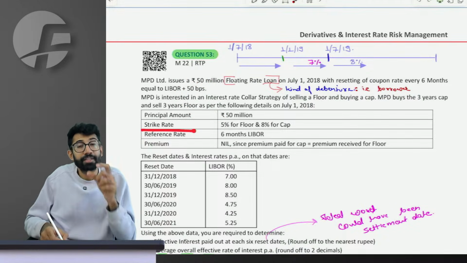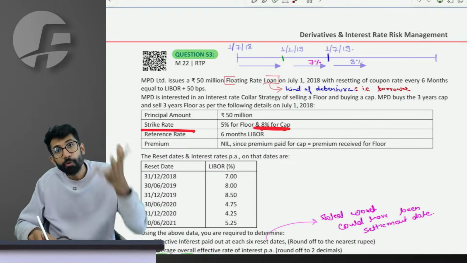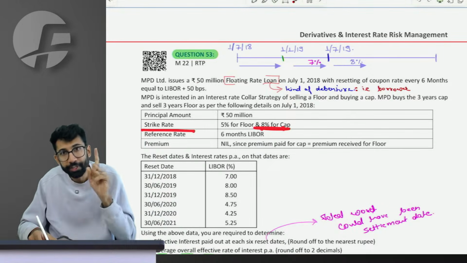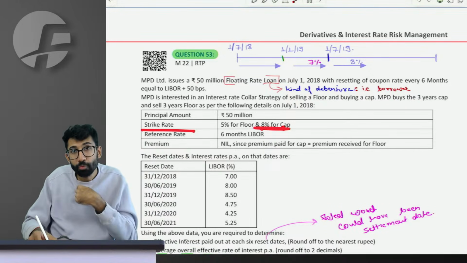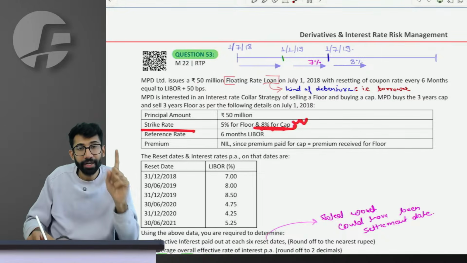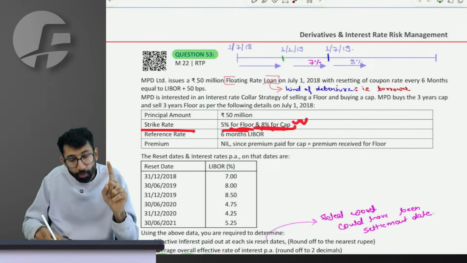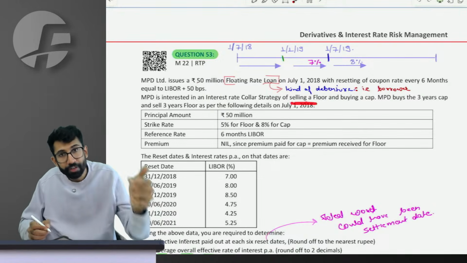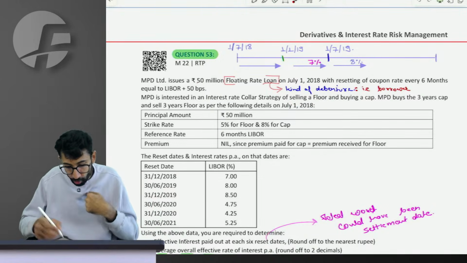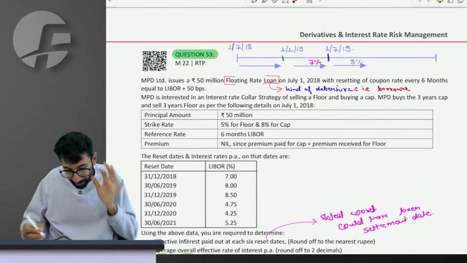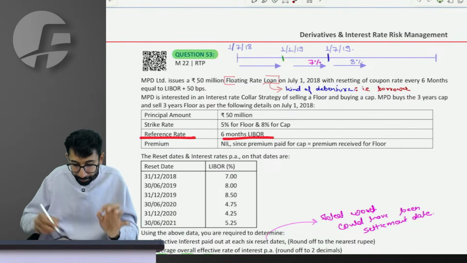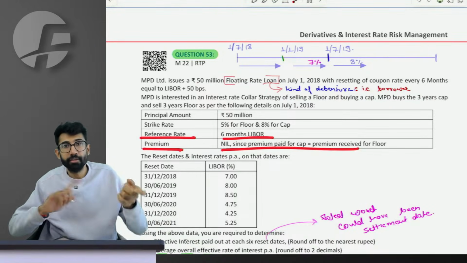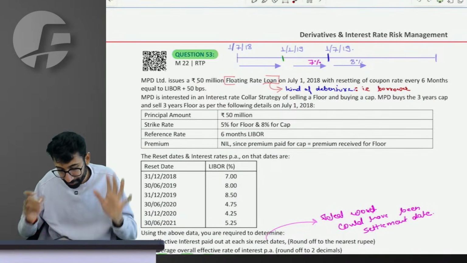Strike rate, the exercise rate: the cap is an option to borrow, which I have because the position is long, at the rate of 8%. The floor is an option to lend, which I have given because the position is short. I have given an option to lend to me at the rate of 5%. Fine. Reference rate 6-month LIBOR. Premium received gets cancelled with the premium paid.